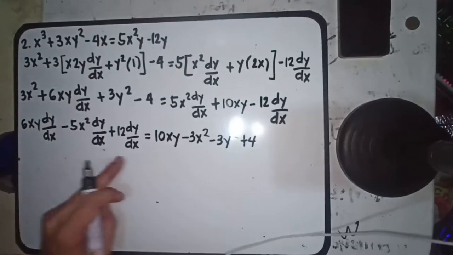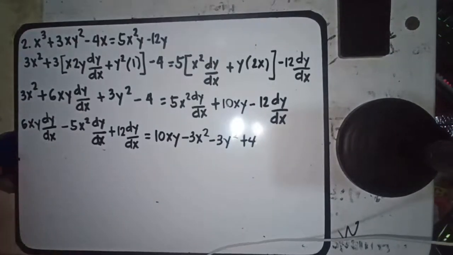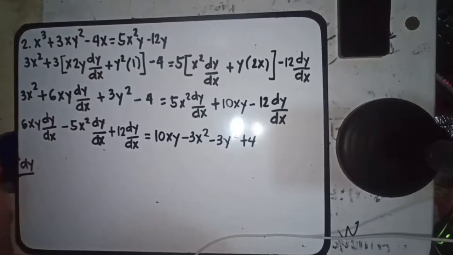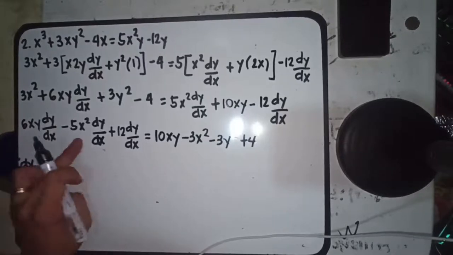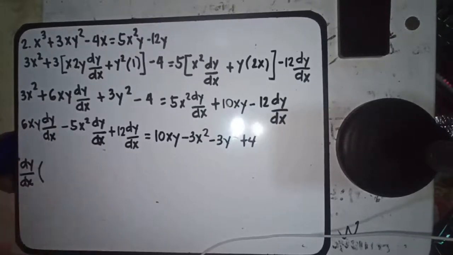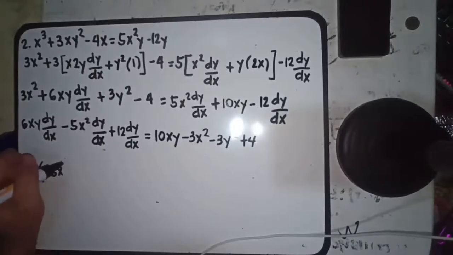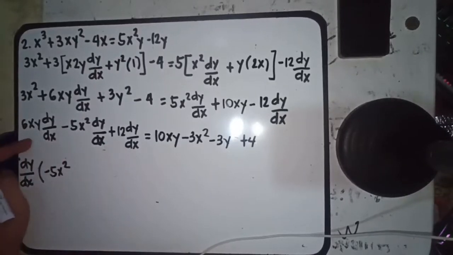Okay, next, factor out dy over dx. So, we'll have dy over dx times, we arrange it first, we have x squared. So, minus 5x squared. Then, we have 6xy.